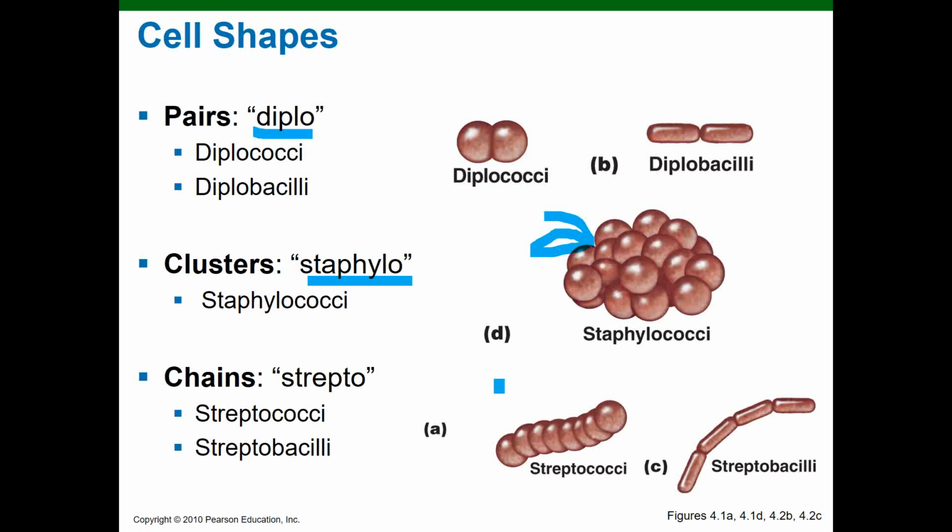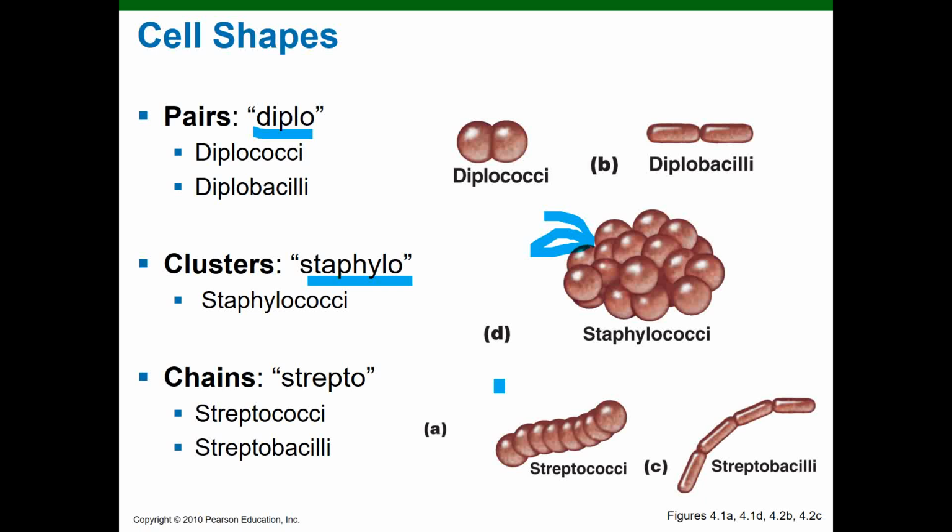Now this term Staphylococcus might be familiar to some of you because, as we'll see in a second as we go through the names of the bacteria, the genus and the species names, often they're named for how they look or how they appear. So Staphylococcus aureus, if you were to look at that under a microscope, you would see clusters of spherical shaped bacteria.